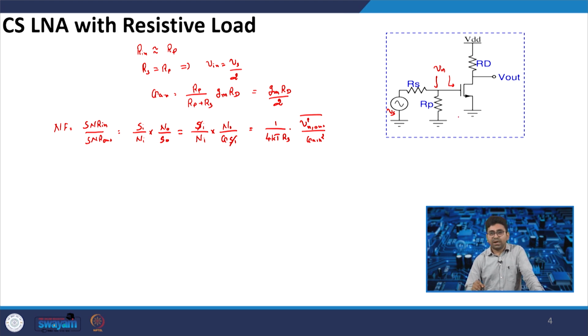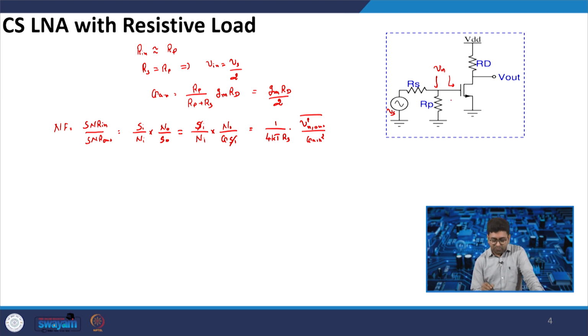Can you think how many noise sources there are? Obviously, there are four noise sources: one is due to Rs, one is due to Rp, another is the MOSFET, and then the load resistance Rd.